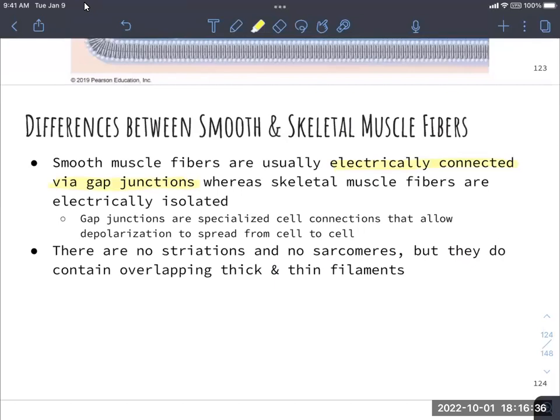So when that smooth muscle contracts, those gap junctions allow that depolarization from one cell to spread to the next cell, to the next cell, and to the next cell. They do not have striations and they do not have sarcomeres, but they do have thick and thin filaments.